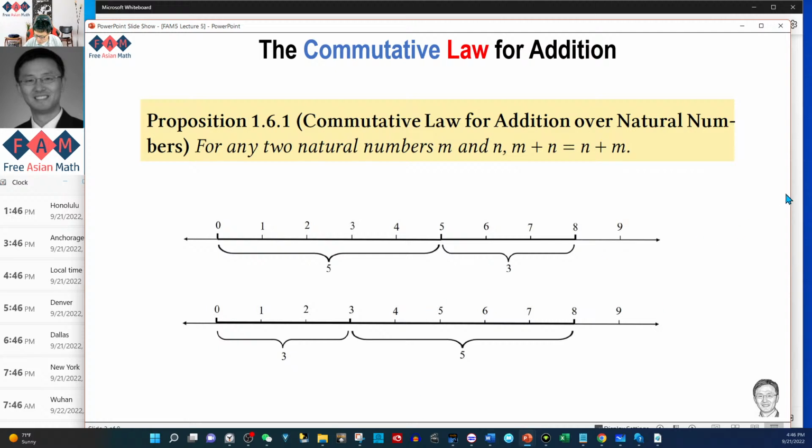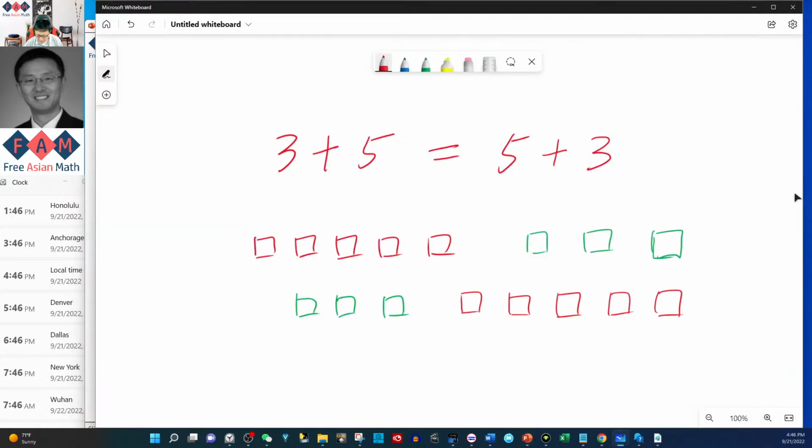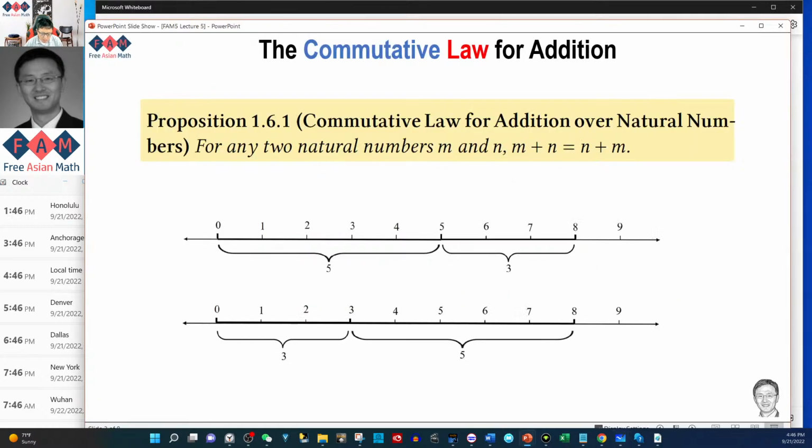So when you ask why this thing is true, it's true because we assume it to be an axiom. But still, we want to give you a quite reasonable interpretation of its truth. We mentioned that we want to use the number line, which you are seeing here, to study numbers.